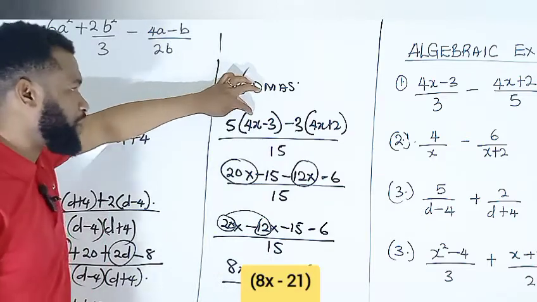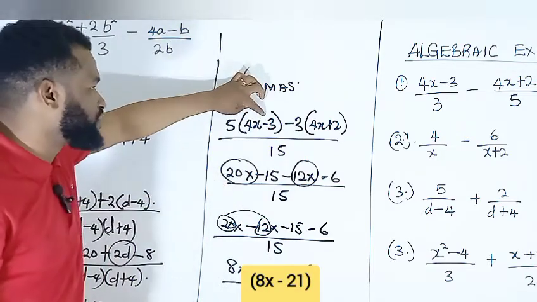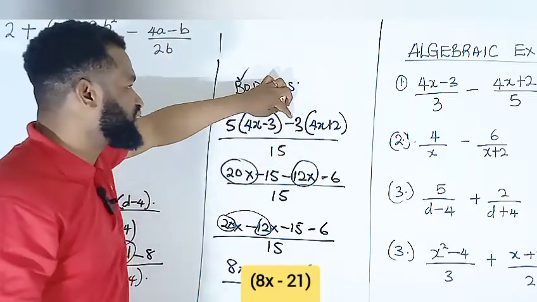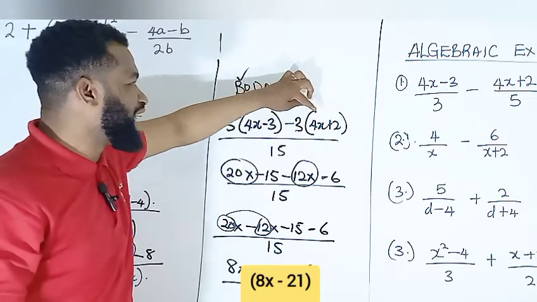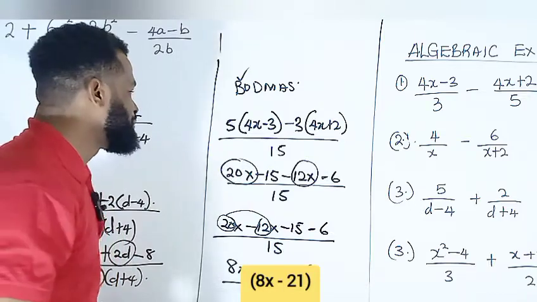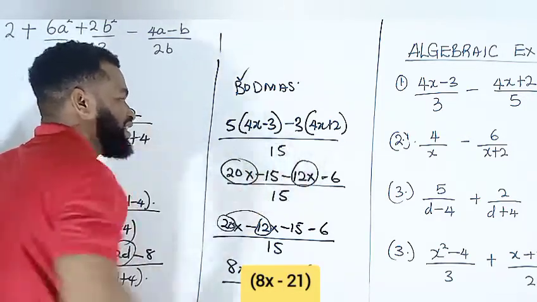5 times 4x is 20x. Then 5 times minus 3 is minus 15. Minus 3 times 4x is minus 12x. Minus 3 times plus 2 is minus 6. Now, when you are done there, you remember that this one has x and this has x.